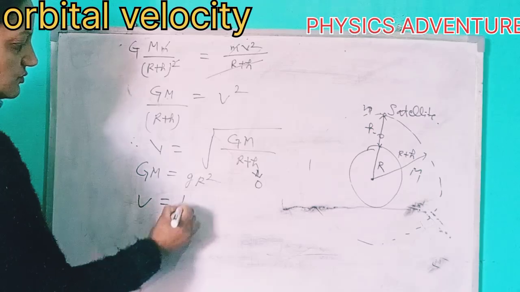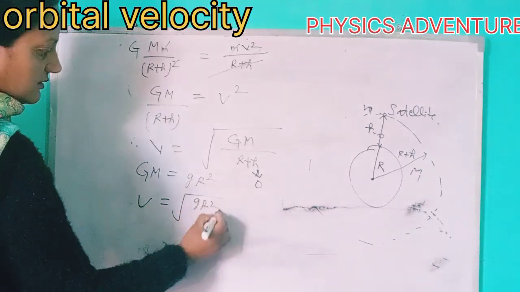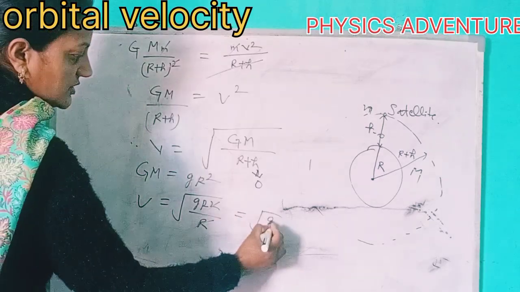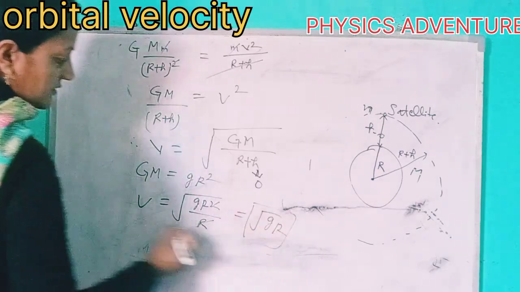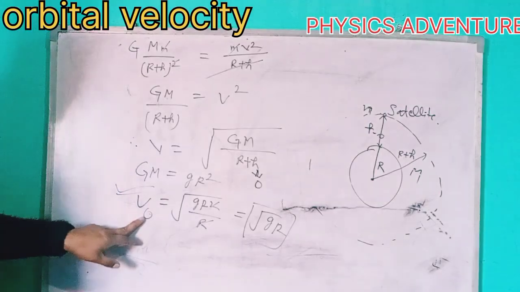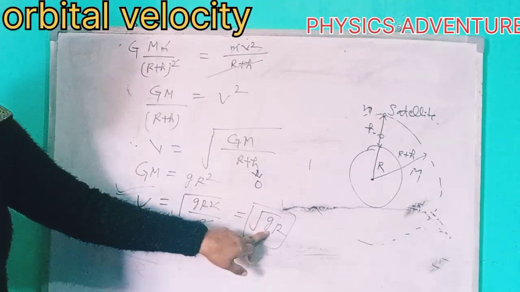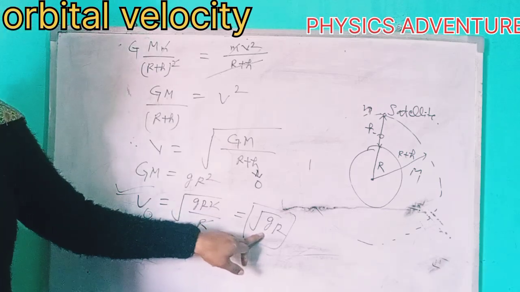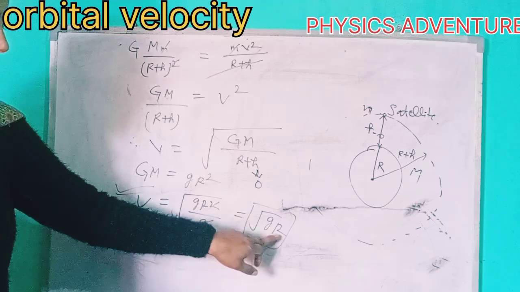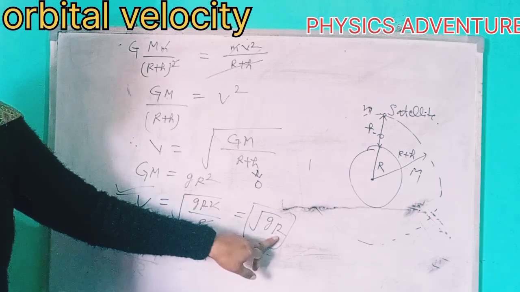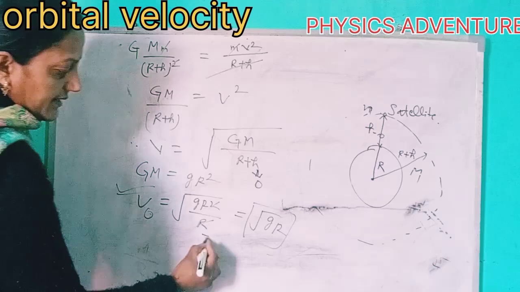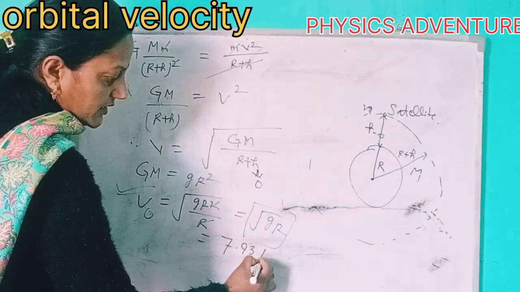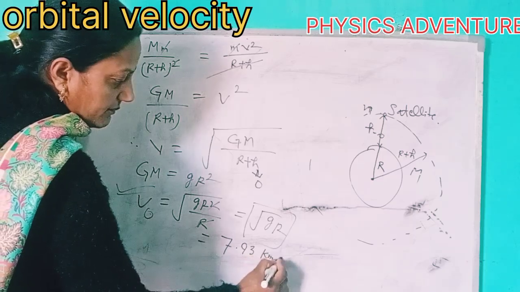So v is equal to root of g R square over capital R only. R and R cancel, giving root of g R. This is the orbital velocity V_O, equal to root g R. And if we put the value of g as 9.8 meters per second square and the radius of the Earth as 6400 kilometers, then we will find 7.93 kilometers per second.